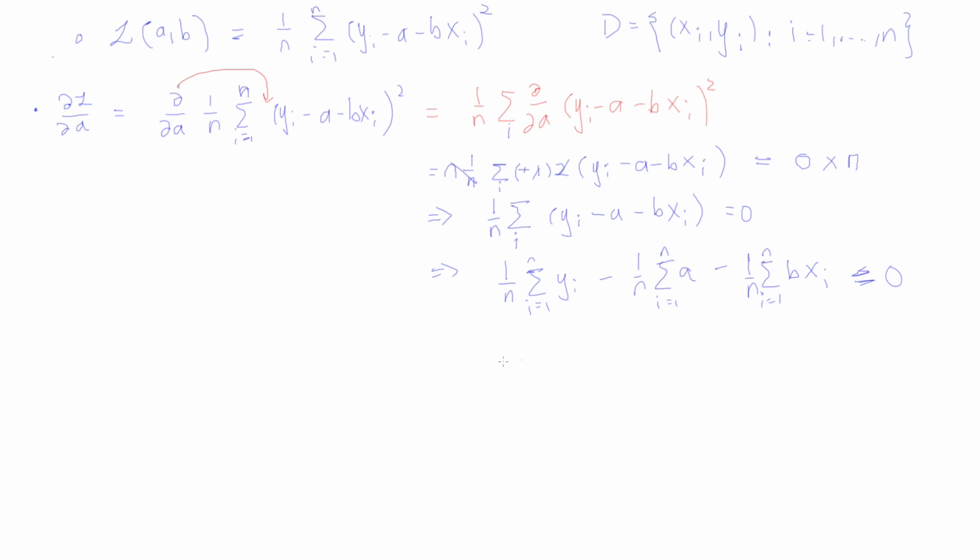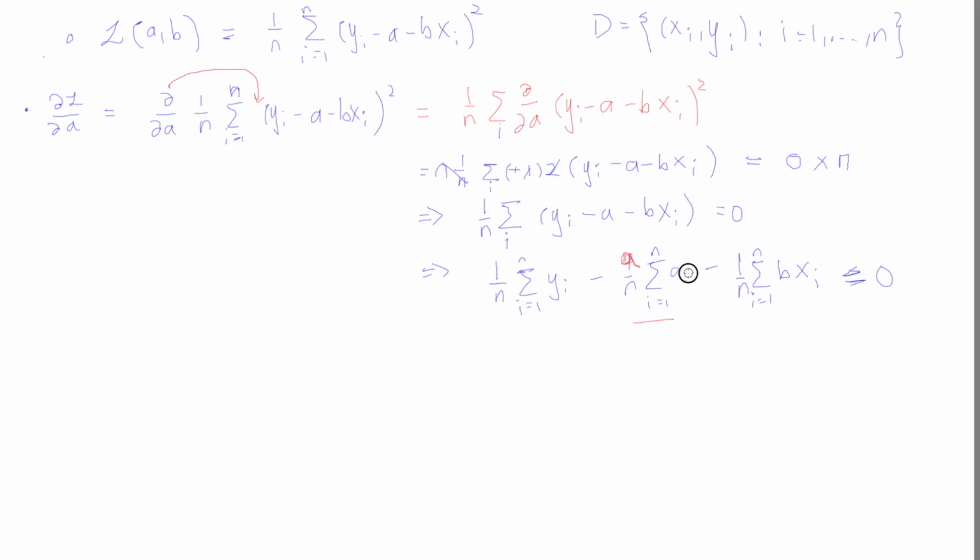Okay, so what do we have here? If you look at this sum, you'll see that the a doesn't have an index i, so you don't need to keep it in the sum. You can actually take it outside. So I'm going to put an a here and erase the a inside.